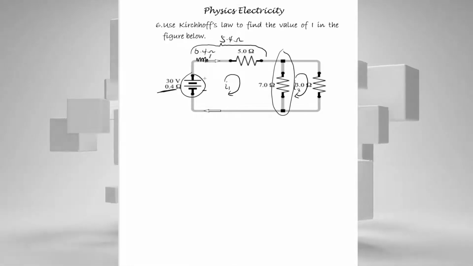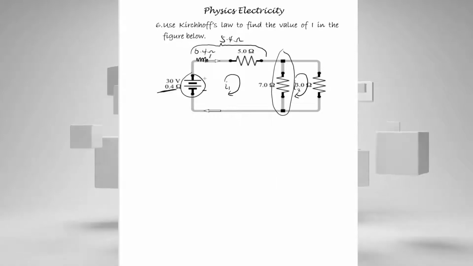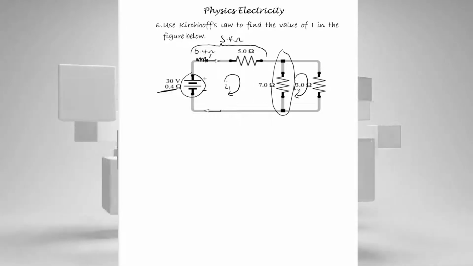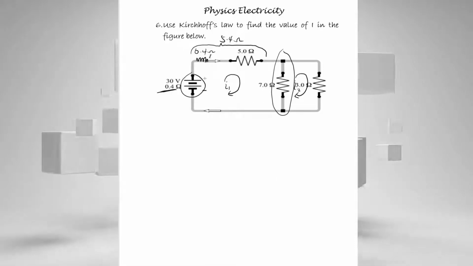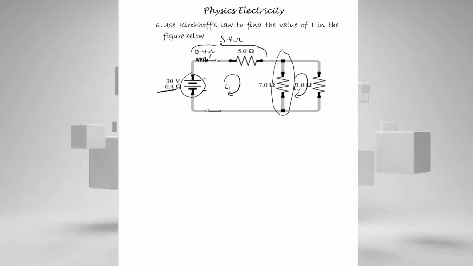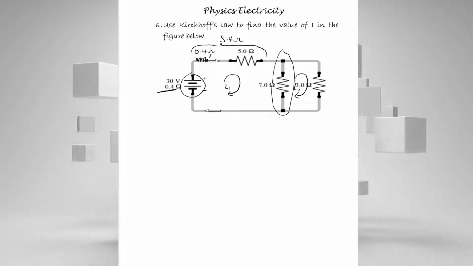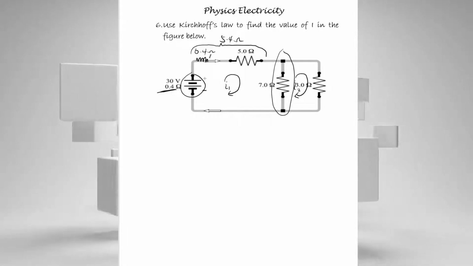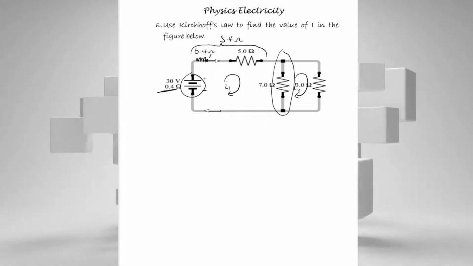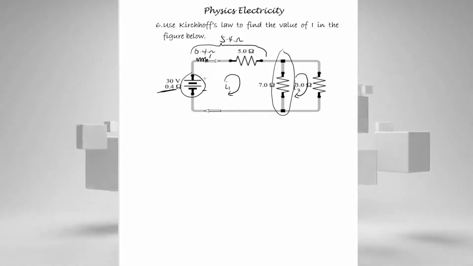So let us go into solving using our Kirchhoff's voltage law or the loop law. What are we going to do? If we look at this now, we have 30 volts, and when there is a connection in series to a voltage source, we have what we call a voltage drop.